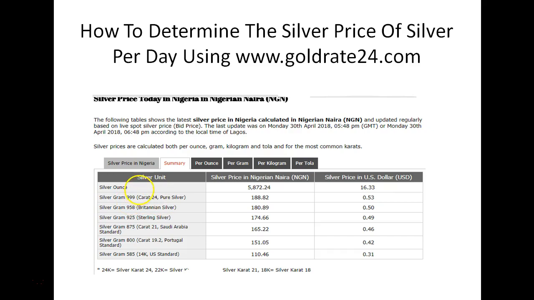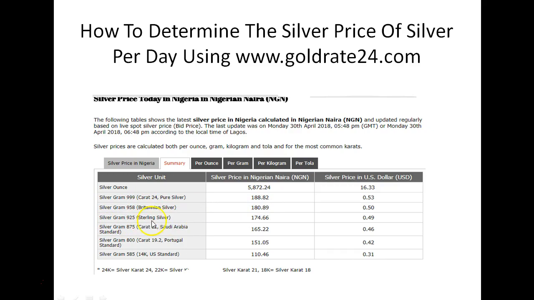Remember we said there's always 0.1% impurity; that is why it says 999 instead of 1000. And check the price for it: 182.82 per gram. Then the price per gram of 958 is 180.89.